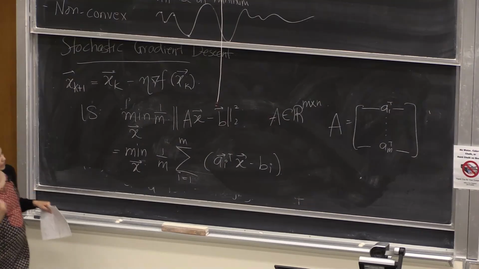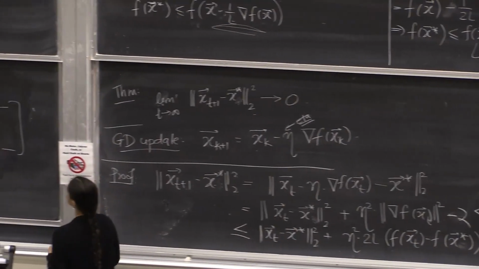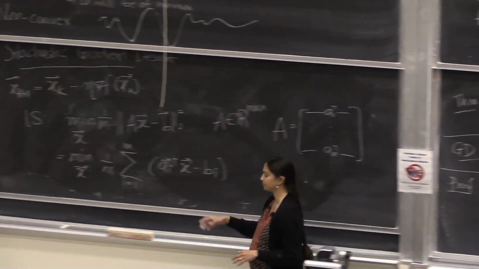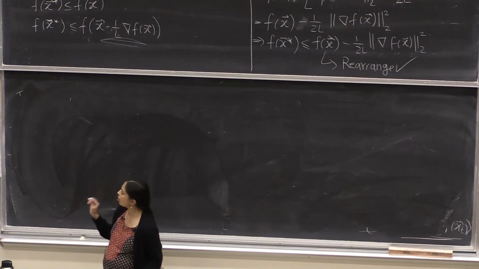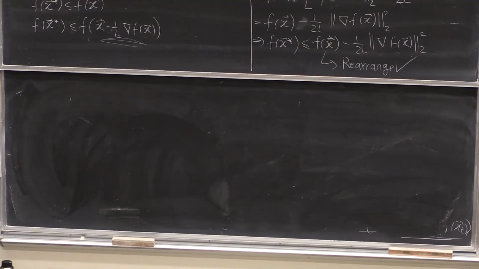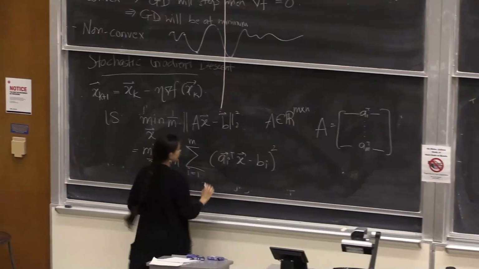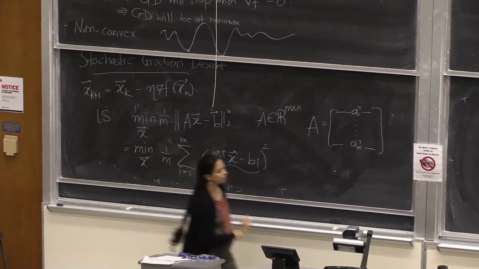So if I could be lazy, and instead of trying to compute my whole gradient, is there kind of a shortcut thing that I might want to do? What I want to try and say is that instead of taking the gradient of this whole thing, I want to try and take the gradient just of this ith term. Okay? In general, let's say I have some f of x.